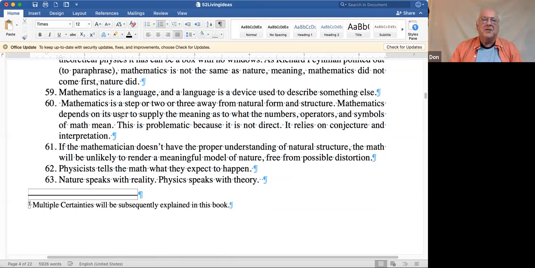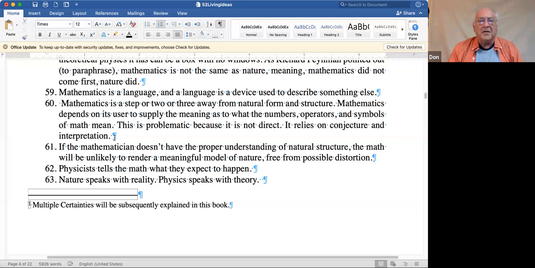Mathematics depends on its user to supply the meaning as to what numbers, operators, and symbols of math mean. This is problematic because it is not direct. It relies on conjecture and the interpretation given to it by the mathematician. So the mathematician is in the way of nature. He's put himself in front of nature, and he's not experiencing nature directly by the outcomes.